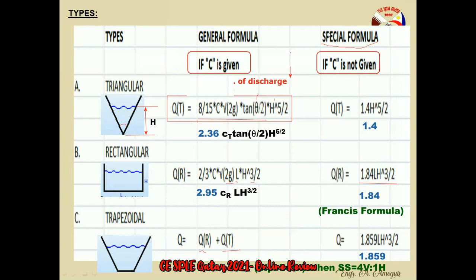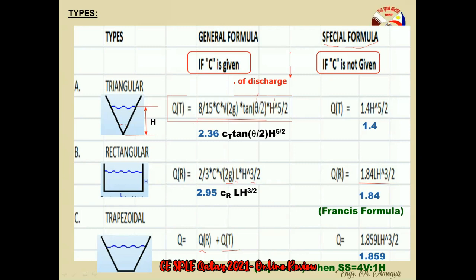Yung tubig, pasok ng tubig yan, itutulak niya dito, kaya yung effective L sa paglabas ay L prime. Kung ito ay L, yung L prime equals L minus 0.1 of H. This is the case of 1N contracted.